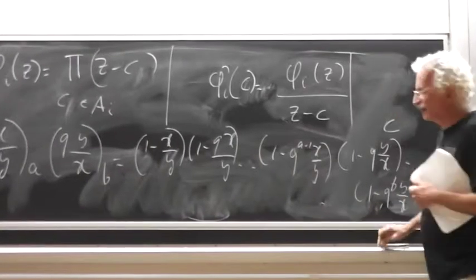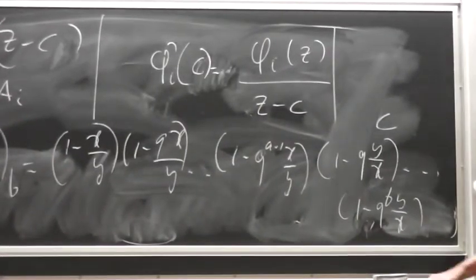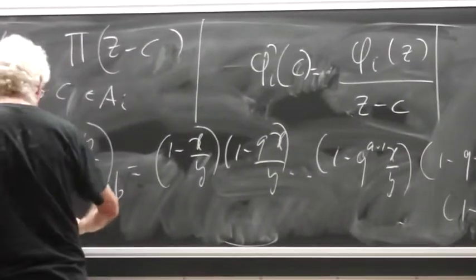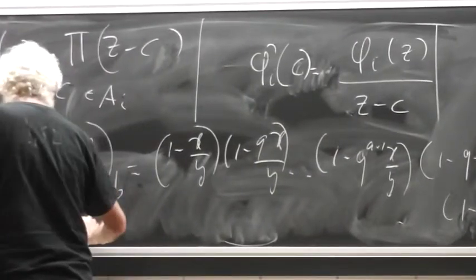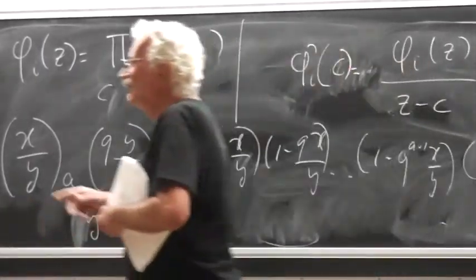It has positive and negative powers. To make it a genuine polynomial, all you have to do is multiply by x to the power a, y to the power b. Then they become a genuine polynomial.